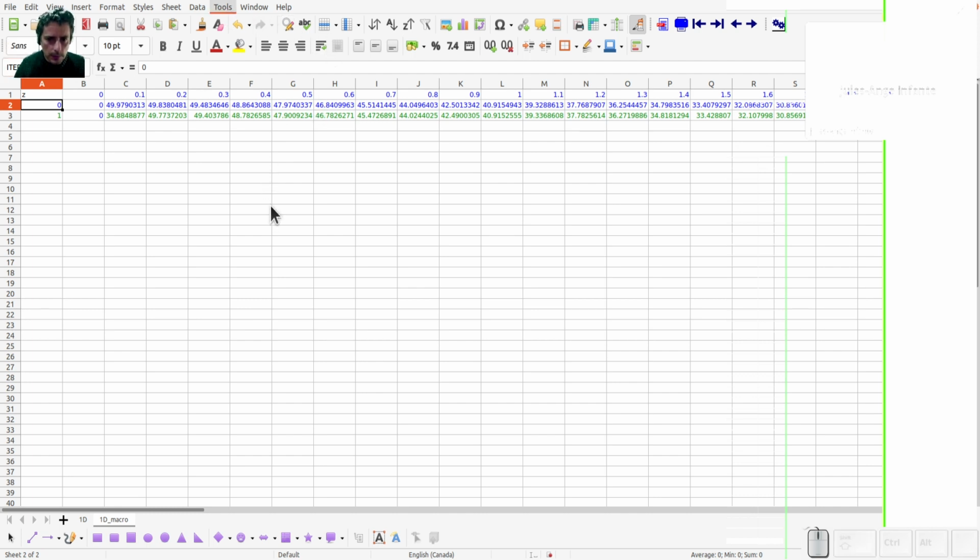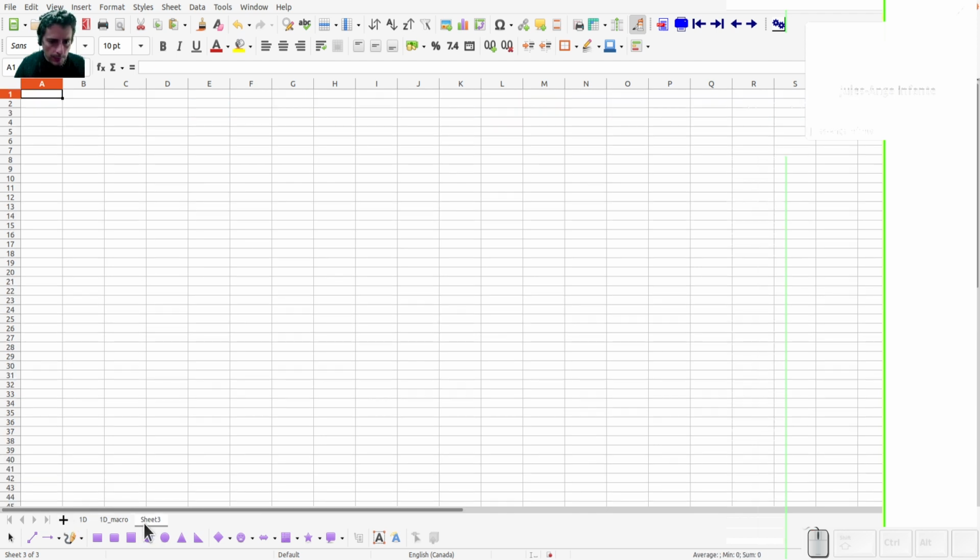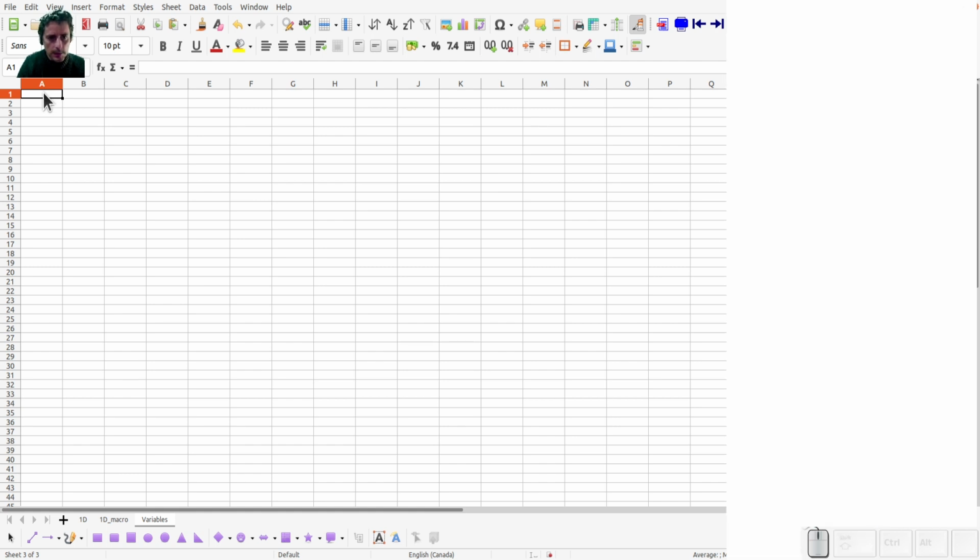So now if I try to run my macro, macros, run macro main. Okay, so what I get now is 100 iterations, because that's what I had set as my limit. So I could have a variable where I just keep track of my variables, and say I call this variable max iterations, and I just give it as a name.